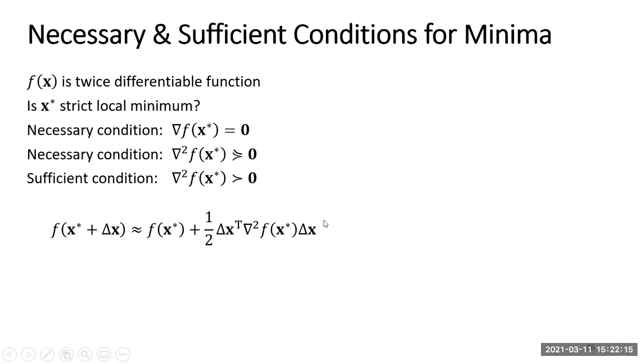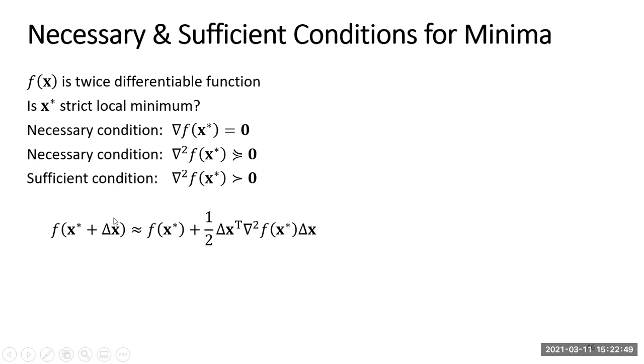Okay, now if the Hessian is positive definite, then by definition of positive definiteness, delta x transpose times the Hessian times delta x must be greater than 0, correct? So f of x star plus delta x is equal to f of x star plus something positive.